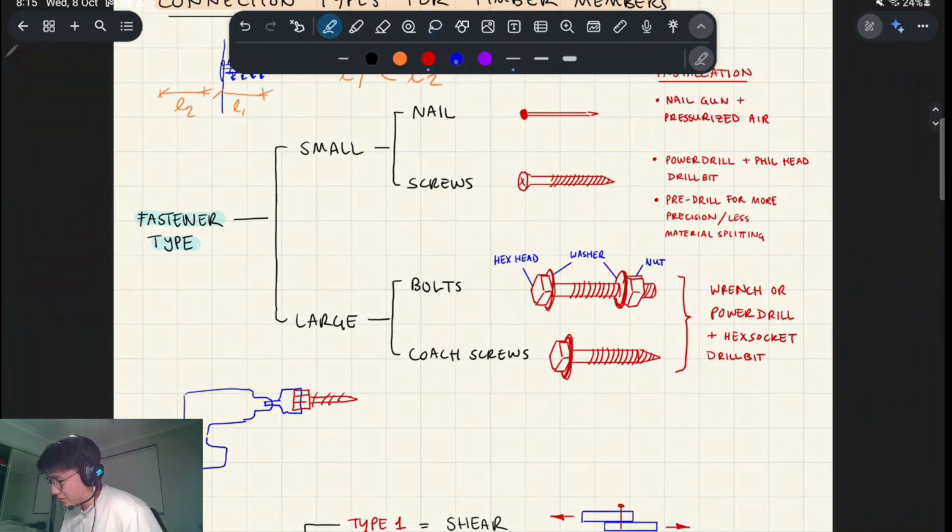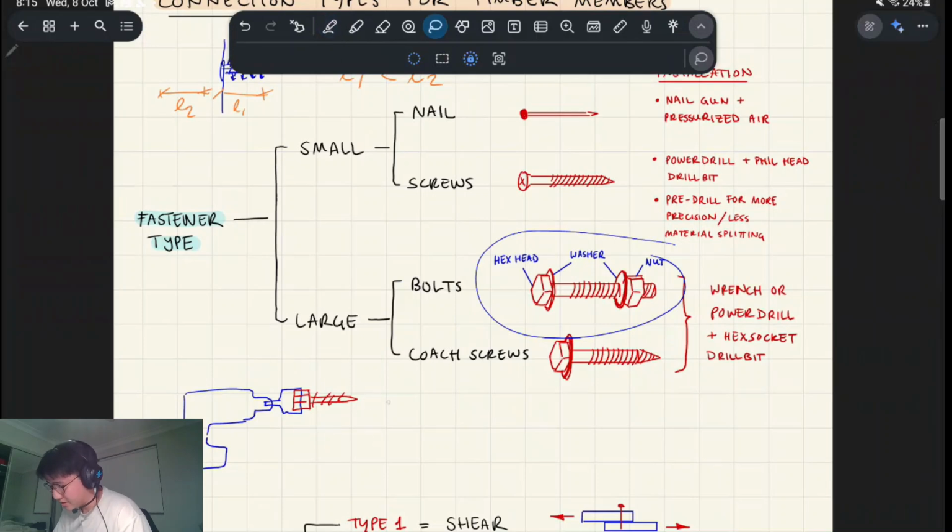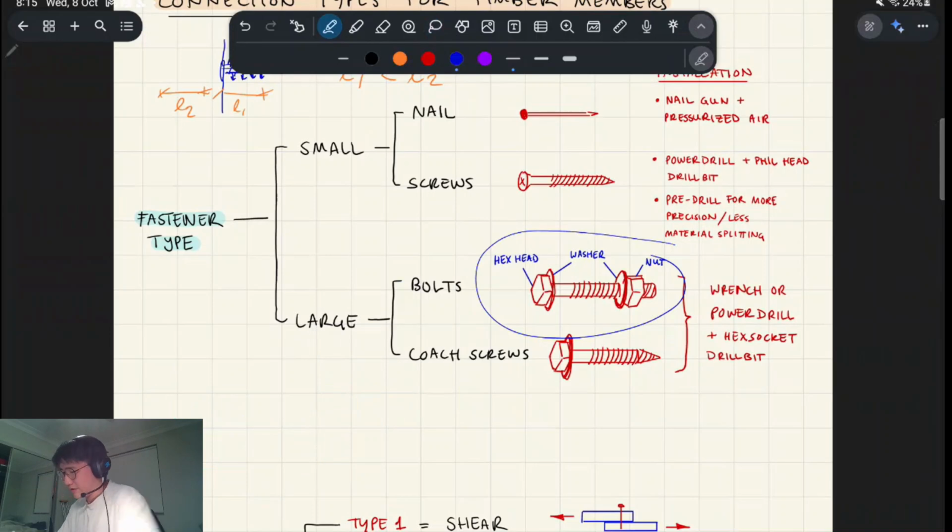But a bolt is actually fundamentally different to the rest, because it doesn't have the sharp bit at the end, and it relies on having a nut on the other end.